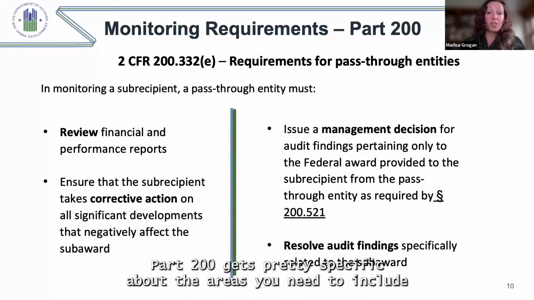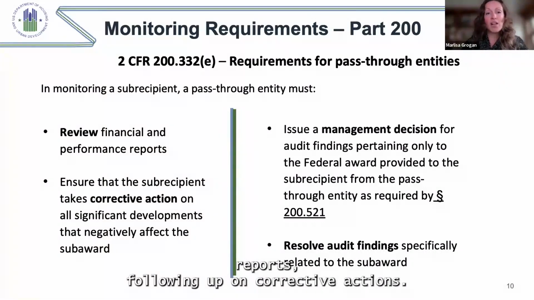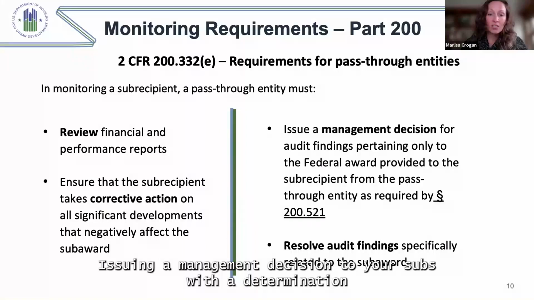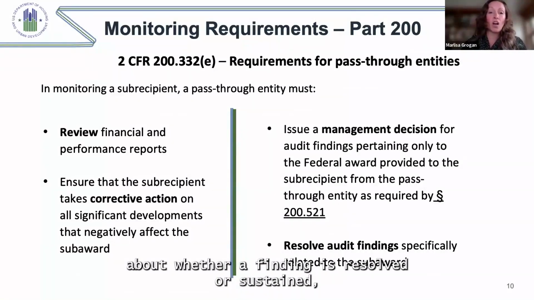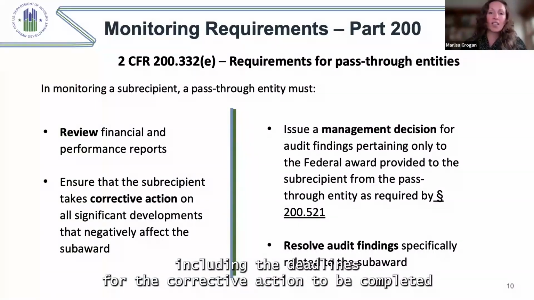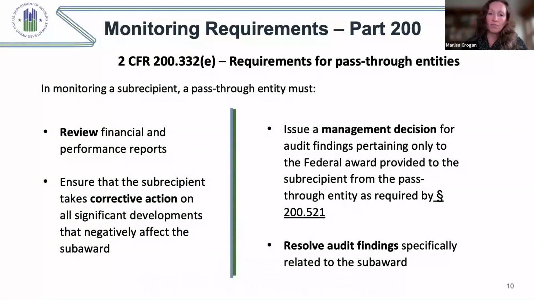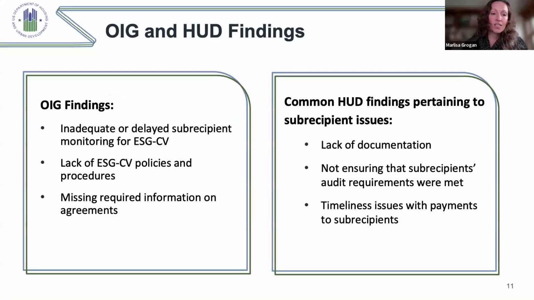Part 200 gets pretty specific about the areas you need to include in your monitoring: reviewing financial and performance reports, following up on corrective actions, issuing a management decision to your subs with a determination about whether a finding is resolved or sustained, including the deadlines for the corrective action to be completed, and ensuring that the findings are resolved.